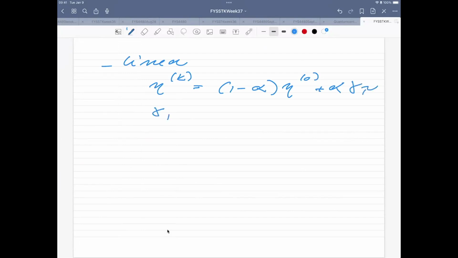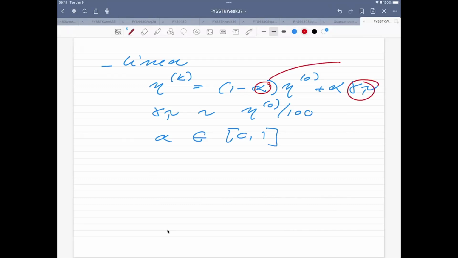This gamma of tau needs to be set, and this is again often given as eta 0 divided by some constant, say 100. And alpha is a parameter which is typically set to live between 0 and 1. What you see now is that you have two parameters, alpha and gamma. So your results will then depend on the parameters you choose.